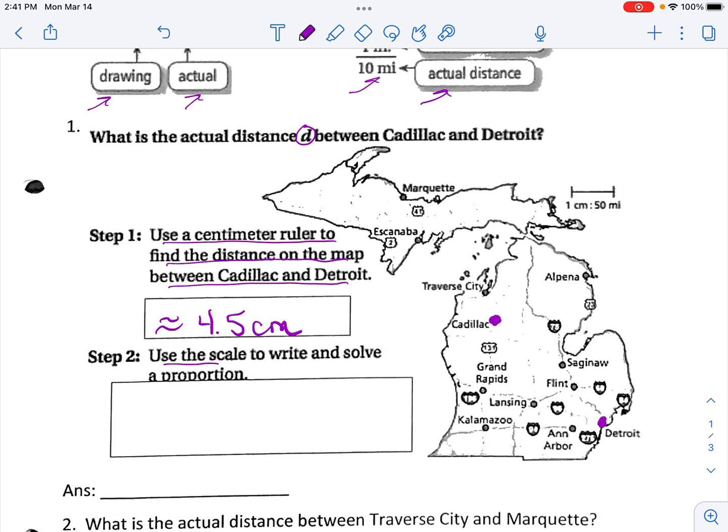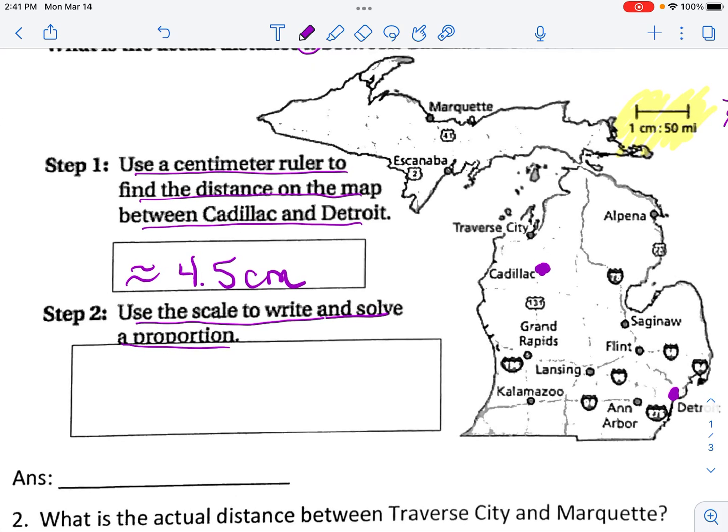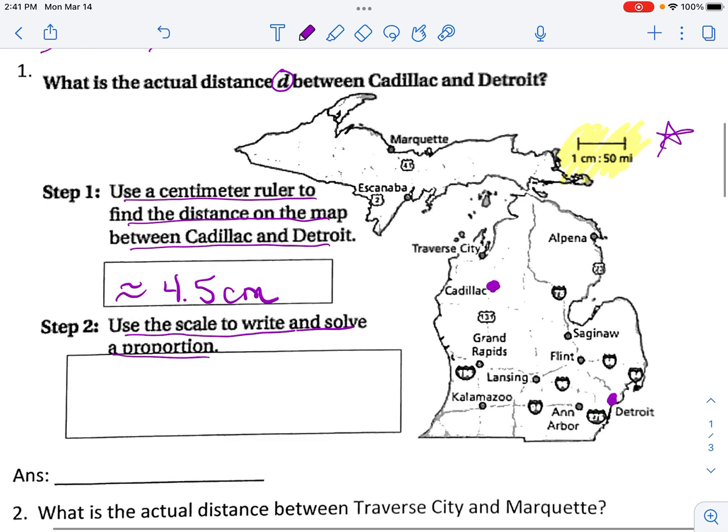So that's step 1, is to measure. Step 2, you're going to use the scale to write and solve a proportion. So here is where we're going to use the scale on the map. It's right up here. The scale is 1 centimeter, and we're going to label that with a small d for drawing, over 50 miles, and we're going to label that with a small a, meaning actual distance.